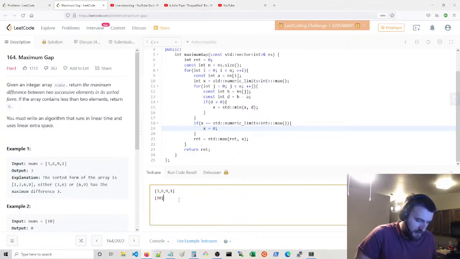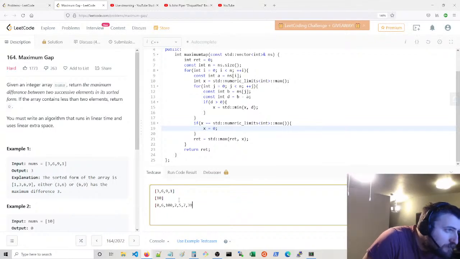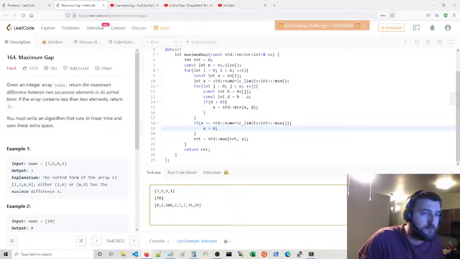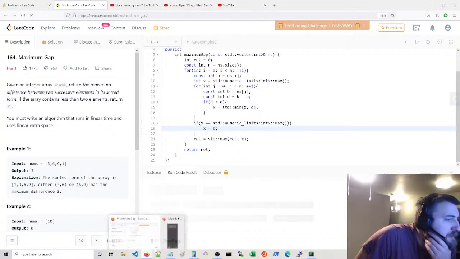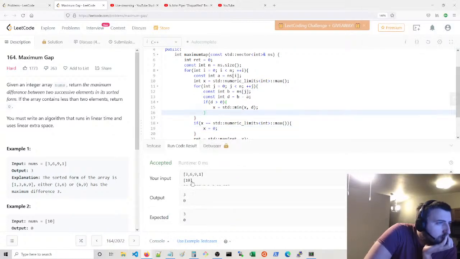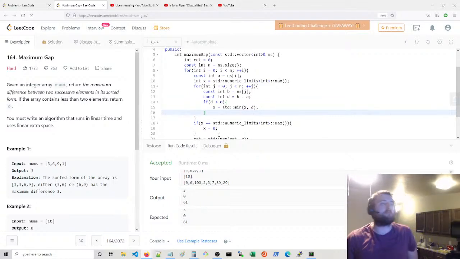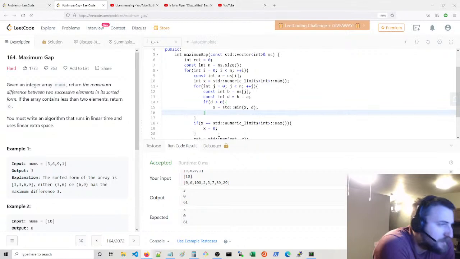Don't really have a lot of test cases here, huh? So some random numbers, let's try that. Okay, I think we're correct. So our largest difference is 61.